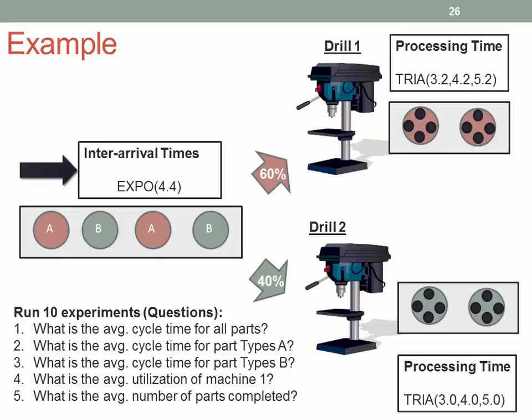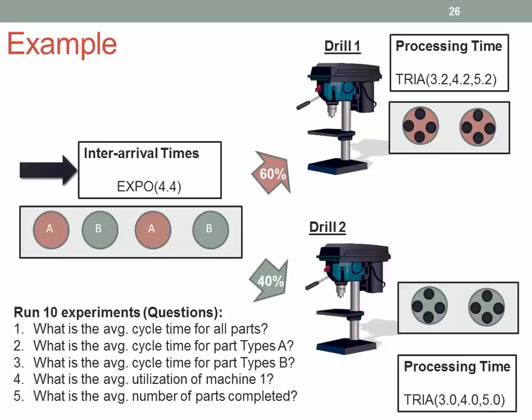This is, again, a manufacturing process. We have different types of parts arriving to the manufacturing process. So we have A and B. Okay, so they're different, and they are arriving using an exponential distribution.